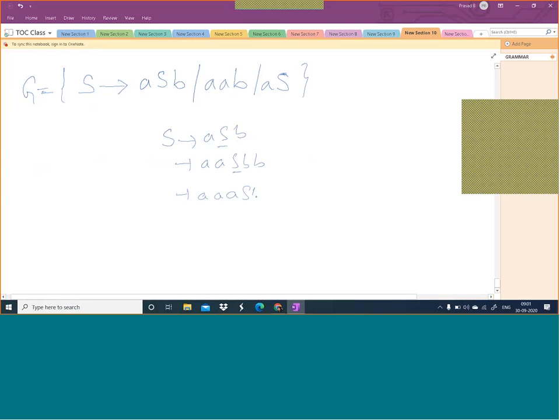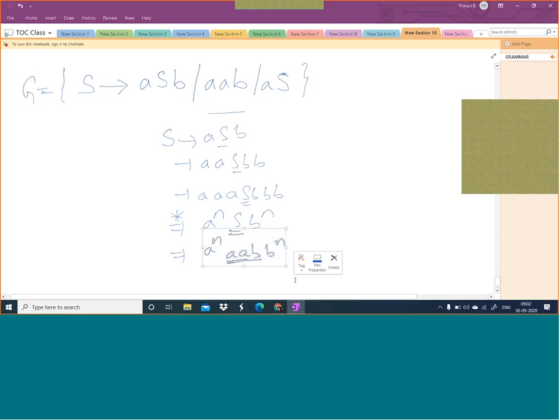As long as I go for ASB, it will give A's and B's equal. And if I replace with AAB, here A's are guaranteed 1 extra, no doubt. But if I want more A's, more number of A's than the B's, then here we cannot generate it with AAB.